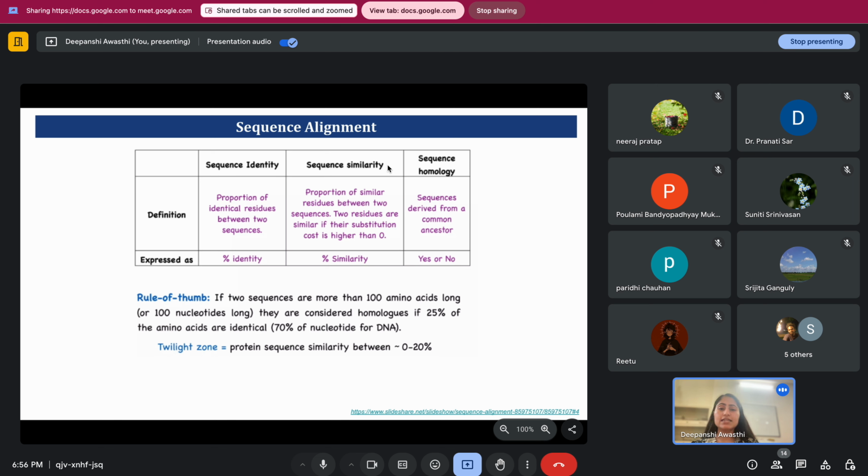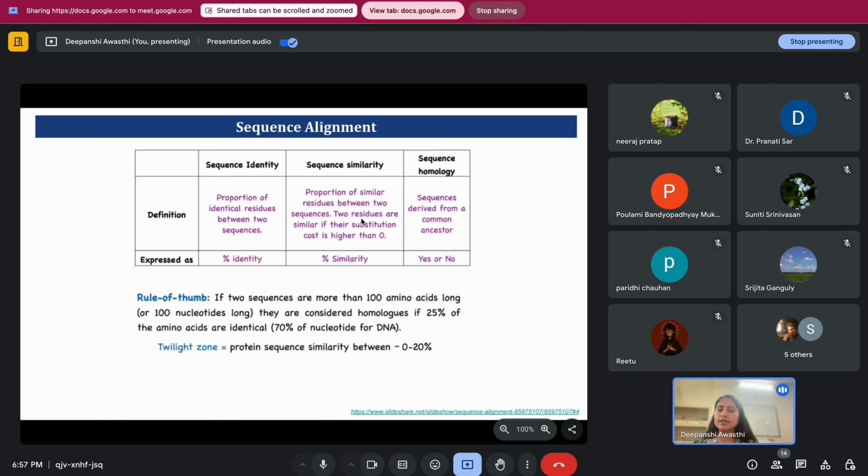But in the case of sequence similarity, when a particular amino acid is changed to another amino acid, we will see whether they have some kind of similarity between them. Amino acids are of different types: some are charged, some are non-polar, some are polar. If a polar amino acid is replaced with another polar amino acid, it will have less influence on the protein. So in that case it will have some kind of score. In the case of sequence similarity, we will also take that into consideration.